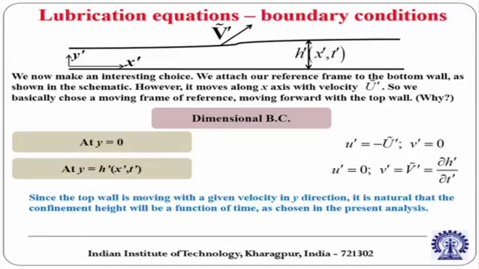The u boundary condition is good enough to calculate u0, but that is not good enough to solve the pressure distribution, because you have to link it through V. So, you require a boundary condition for V, and that boundary condition is V is nothing but del h del t, right. The rate of change of the height with respect to time is V. So, this is like the kinematics of the problem that is deciding. It is just a kinematic parameter. These kinds of boundary conditions are also called kinematic boundary conditions.